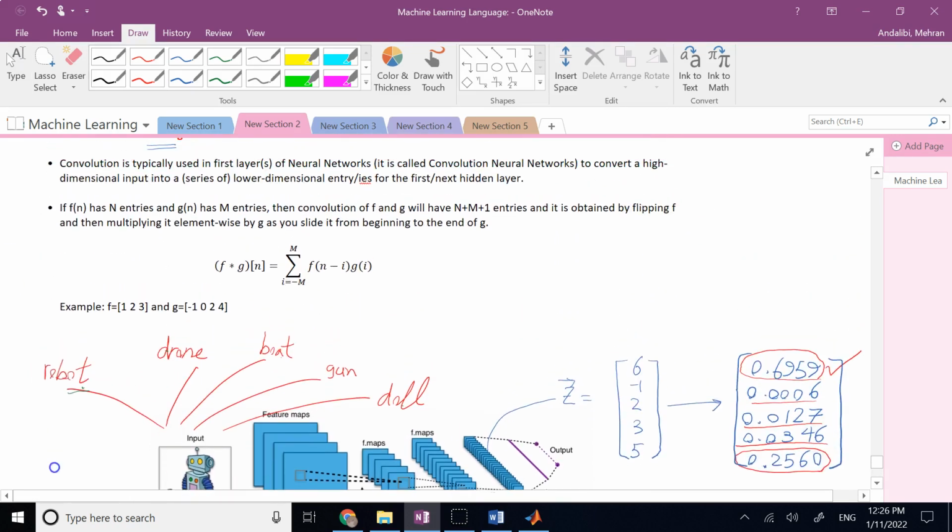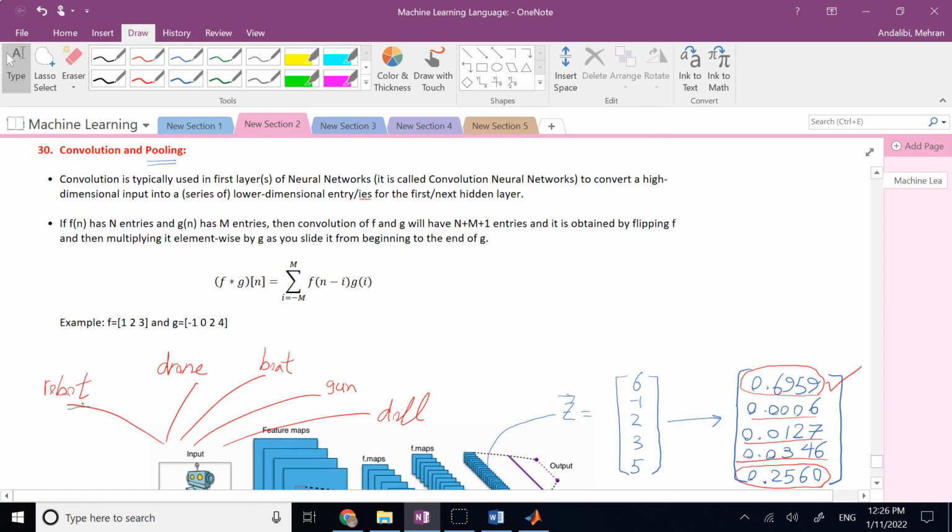And convolution is a linear operation between two vectors in general. Depending on how you define the two sides, because as I said, you have two vectors. One vector is typically your input. The other vector we call the kernel of the convolution.